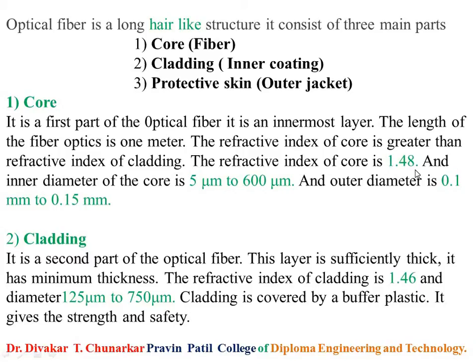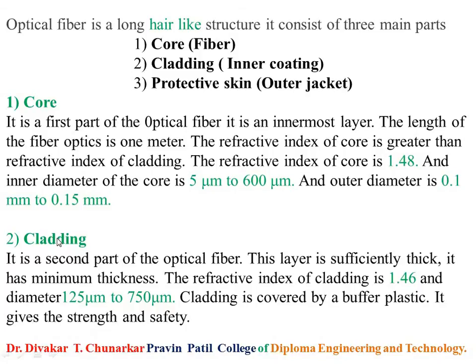There is no unit because the refractive index is a unitless quantity, that is constant. The inner diameter of the core is 5 micrometer to 600 micrometer, a very small diameter, and the outer diameter of the core is 0.1 mm to 0.15 mm.